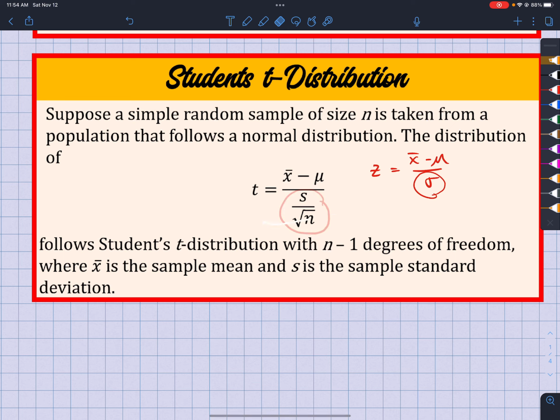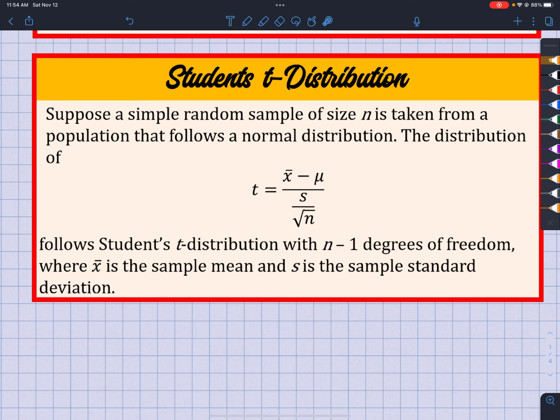So that's why that part has all changed as well, right? So that's what we learned. However, this has n minus 1 degrees of freedom. So if we were to look at the table, your table will have a t with n minus 1 degrees of freedom. So you actually have to read the two columns to get the right number.